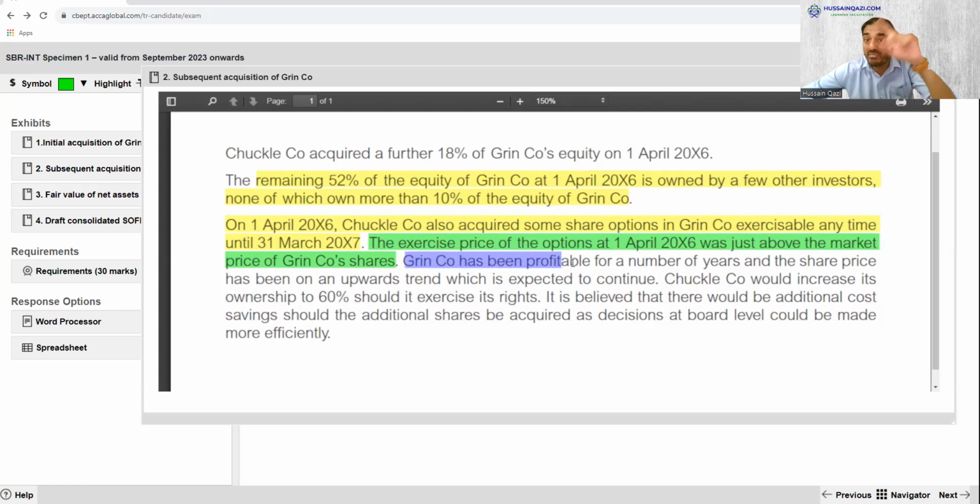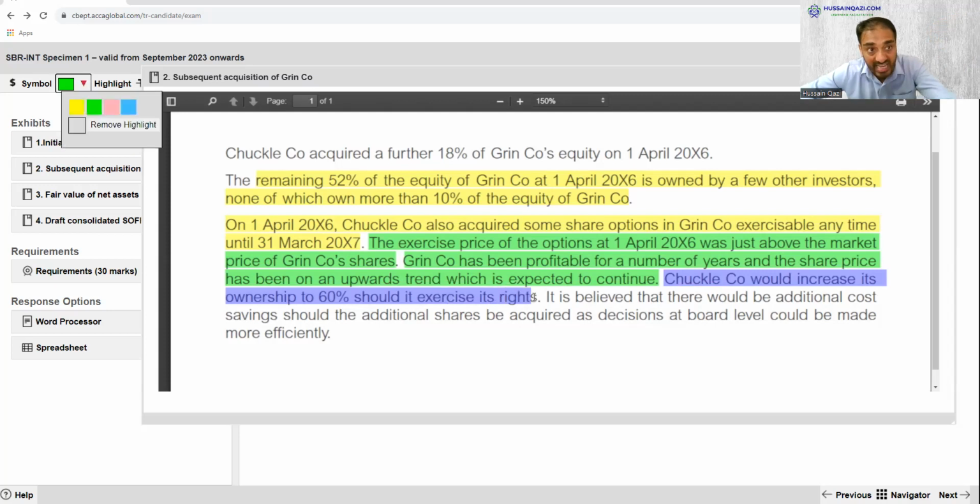Grin company has been profitable for a number of years and the share price has been on an upward trend, which is expected to continue. So in future they expect the option to become exercisable, and Chuckle would increase its ownership to 60% should it exercise it.